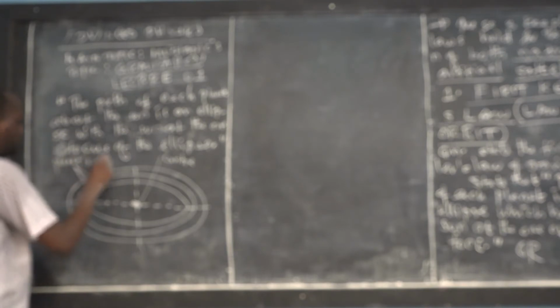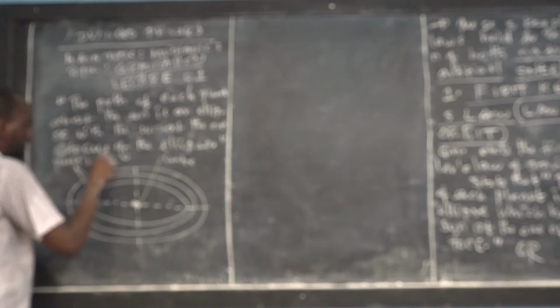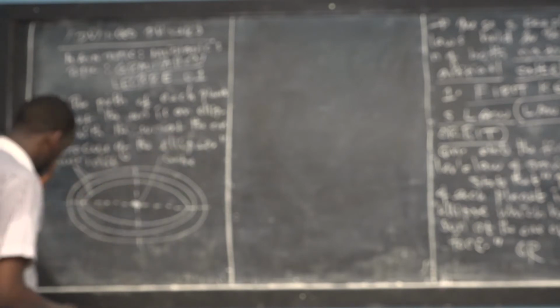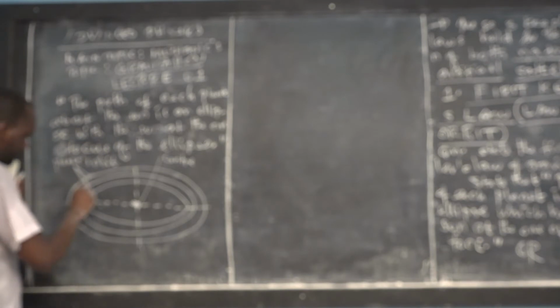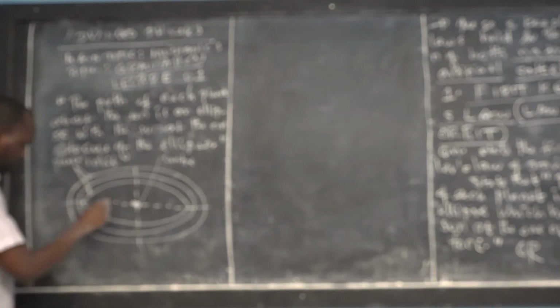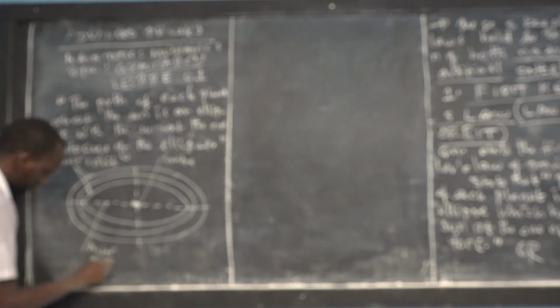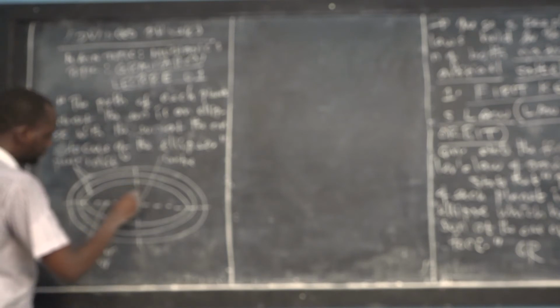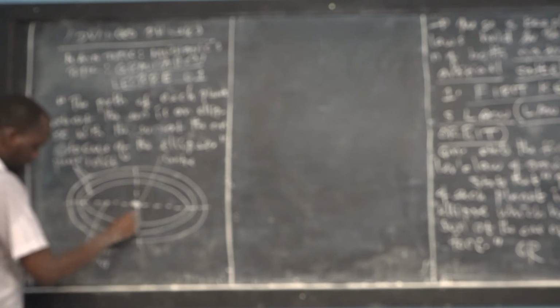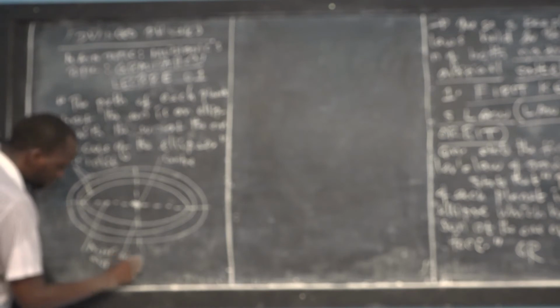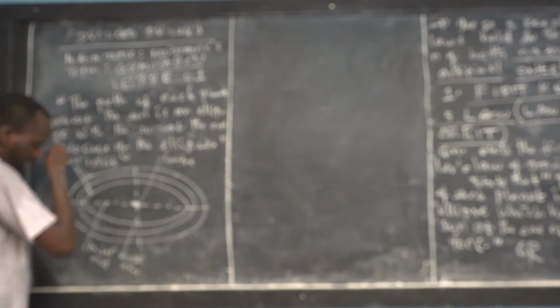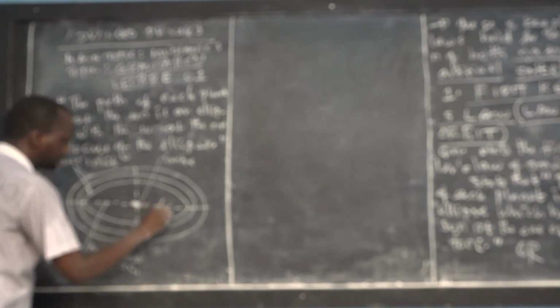Maybe I'm acting like an obstacle to you, but I will leave this place and label it correctly. This is the orbit. This we call the major axis in astronomy, and this one we call the minor axis.